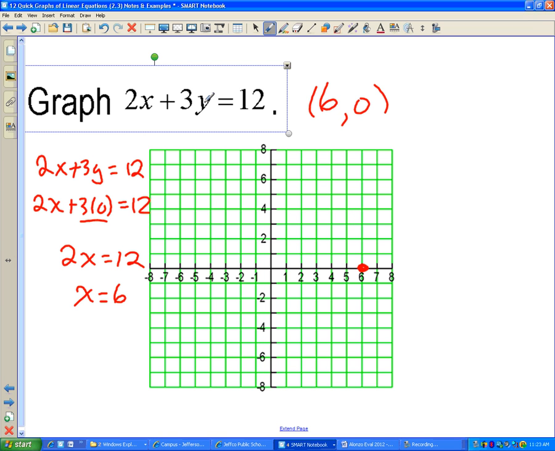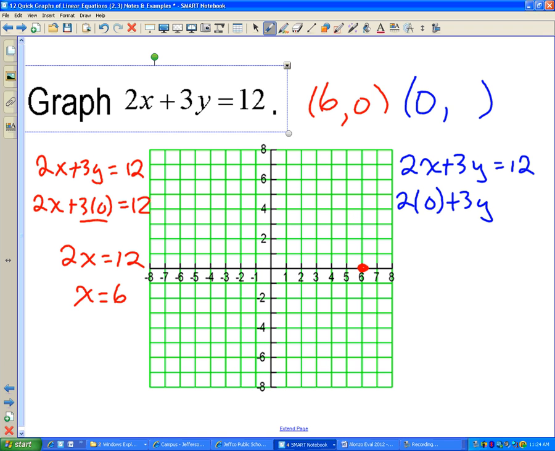Now, that's one intercept. I need 2 points to make a line. That was my x-intercept. I now need to find my y-intercept. Let x equal 0. Solve for y. 2 times x plus 3y is equal to 12. Let x be 0. So 2x is 0, so 3y is equal to 12.